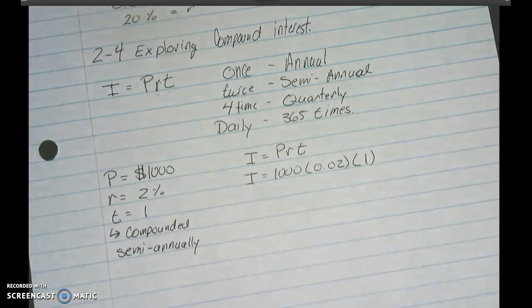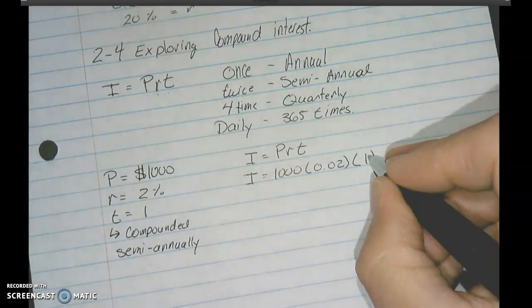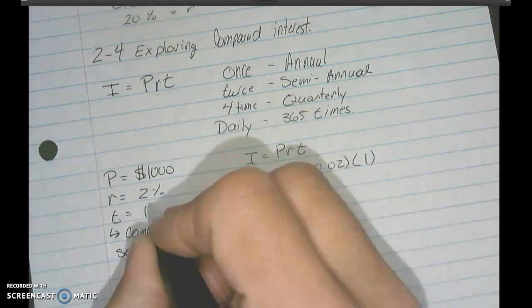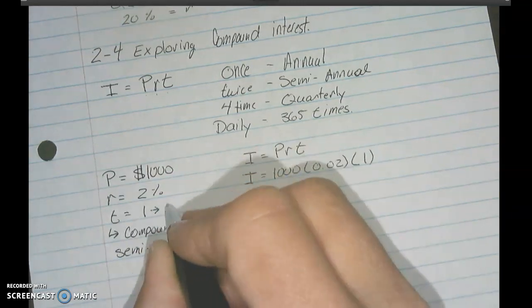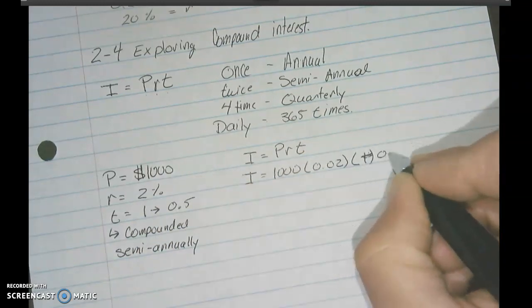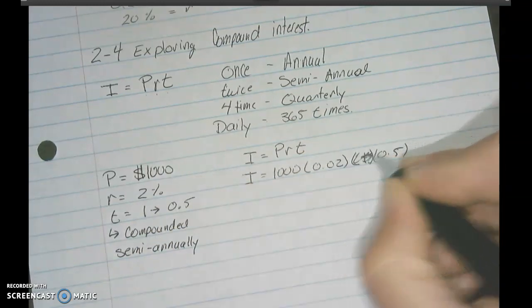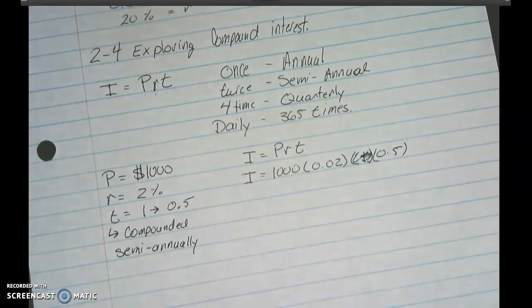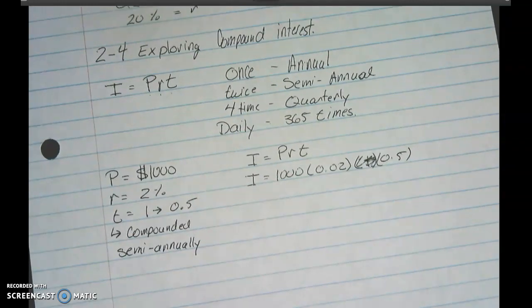Actually, time's going to be for 6 months because it's going to get compounded semi-annually. So I need to take my time and change that to 0.5. We'll work on that here in a second. All right, so if you have your calculator, let's calculate that real quick.